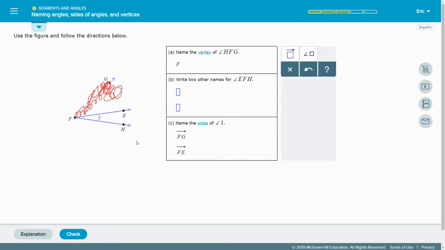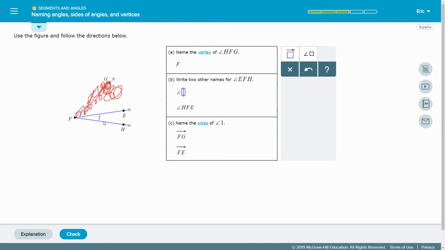They're named forwards and backwards, as well as by the interior degree. So for example, and just as a cheat code for this particular topic, angles with names will always have the angle symbol. EFH is one way to name it. What's the backwards way? Well, it's just HFE.